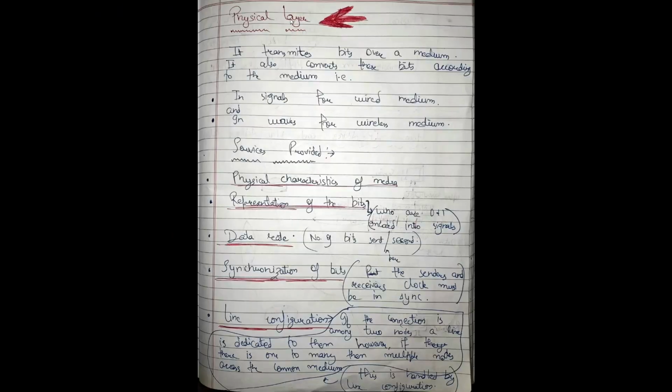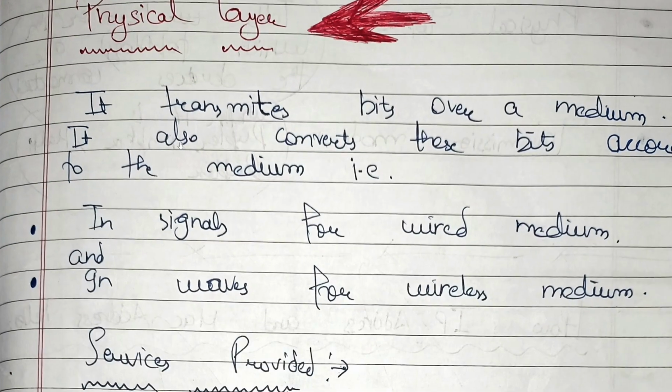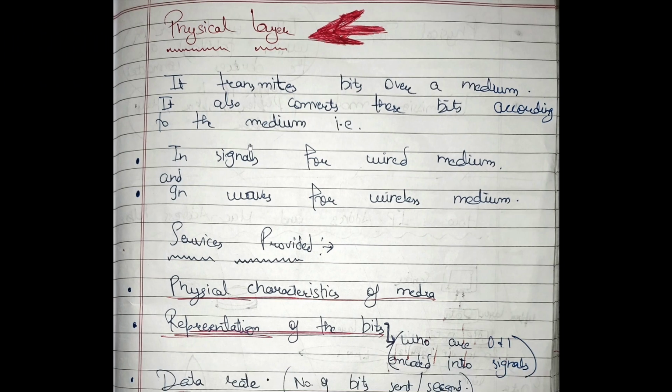All right, at last we have the physical layer. What is the physical layer? Basically, we can say that the physical layer is just the medium, where you drop all that data. The zeros and ones provided by the data link layer, it just converts them into signals if it is a wired medium, and into waves if it is a wireless medium.